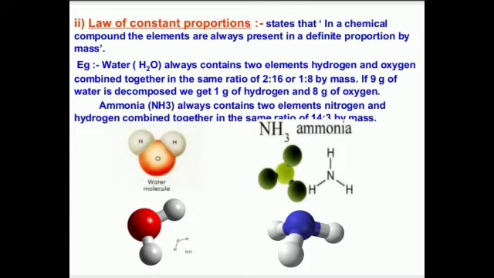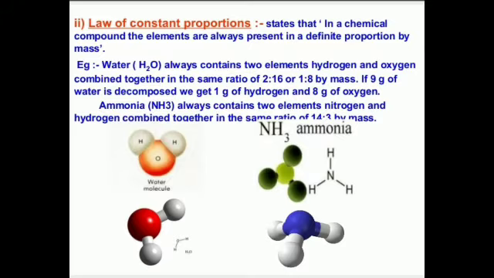Now, let us start the law of constant proportion. See, according to the law of constant proportion, in a given chemical compound, the proportion of mass of the elements that compose it are fixed and are independent of the origin of the compound or its mode of preparation.